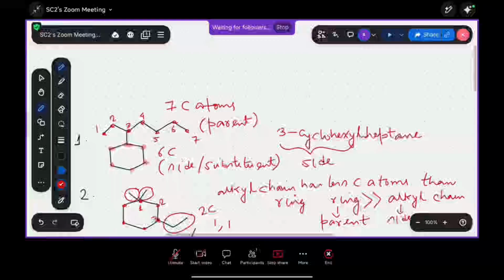1 position e duto methyl group ache, so 1, 1. At 3 position e ethyl ache.